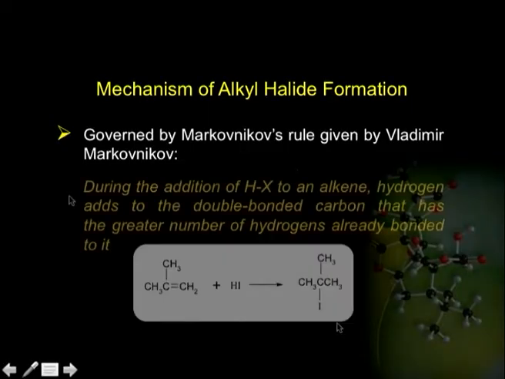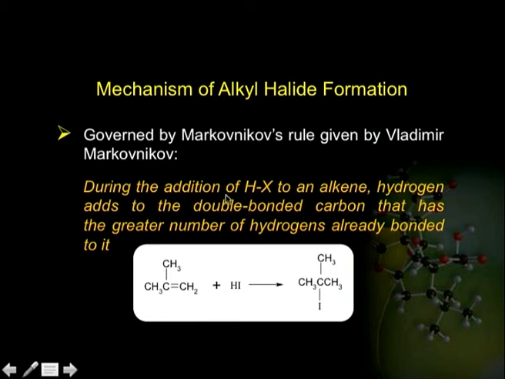This reaction is also governed by Markovnikov's rule, which was given by the scientist Vladimir Markovnikov. This rule states that during the addition of HX to an alkene, hydrogen adds to the double bonded carbon that has the greater number of hydrogens already bonded to it.